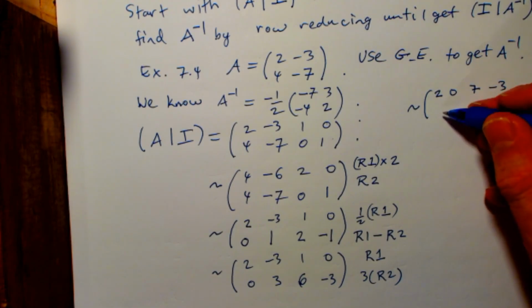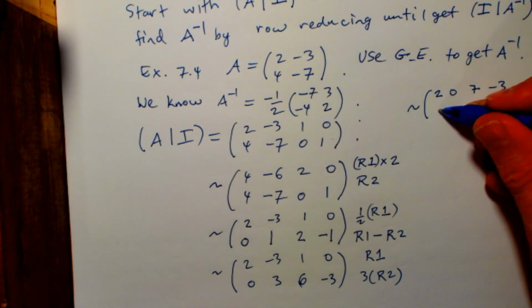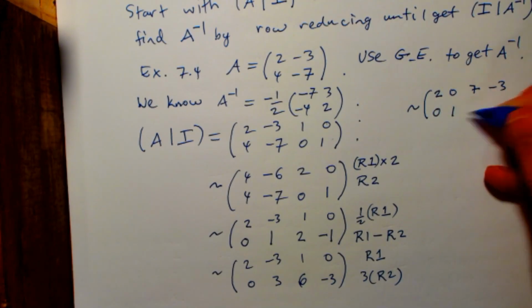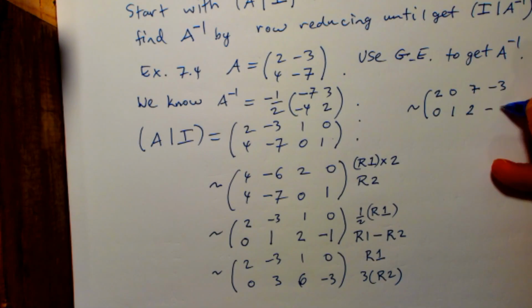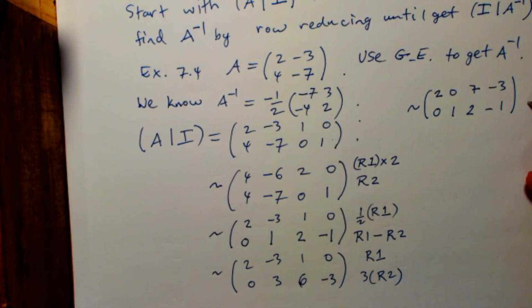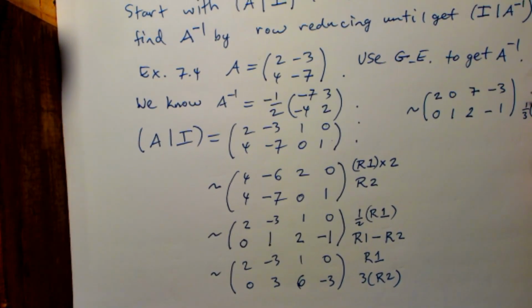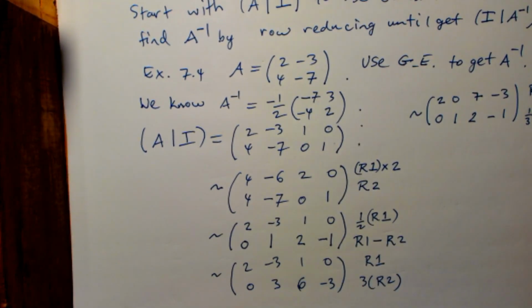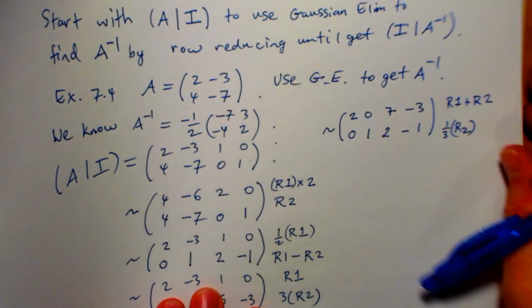And then I'll replace row 2 with 1/3, so I get back what I started with. So that's 1/3 row 2, and this one was the sum of the 2 rows. So R1 plus R2.